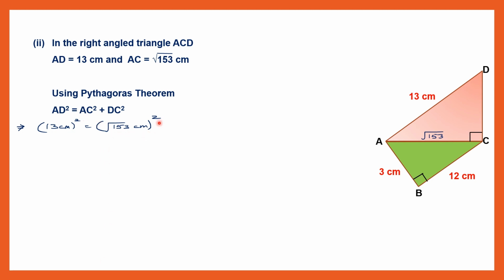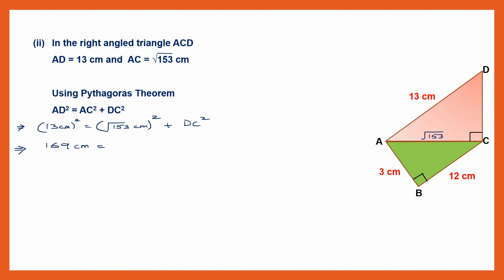So that square plus DC square. DC is what we are going to find out. So we will write it as plus DC square. Now here 13 into 13, that is 169 centimeters.